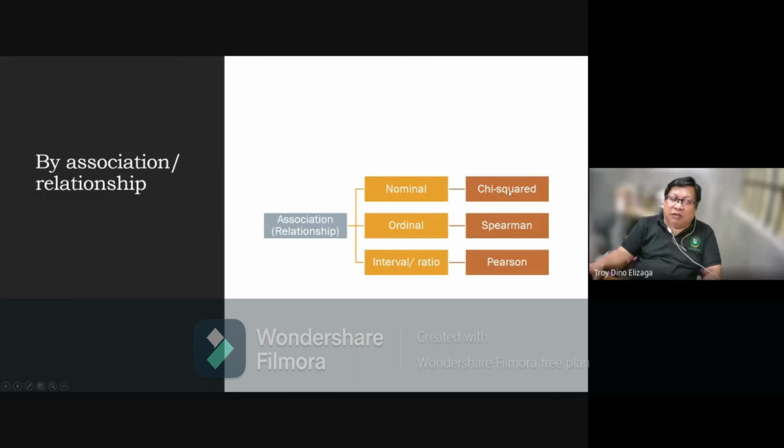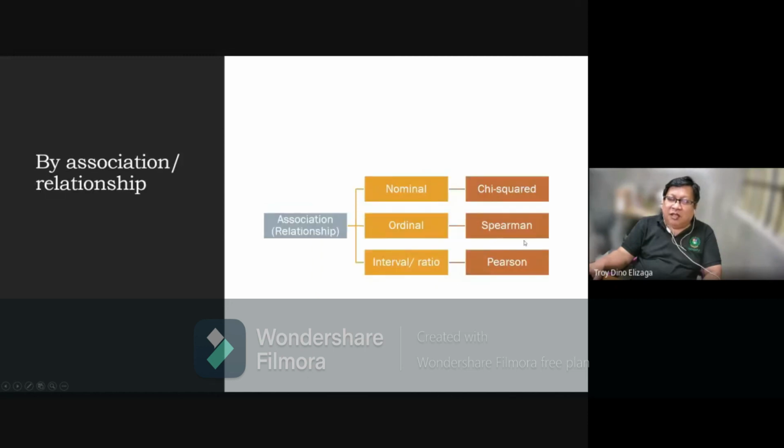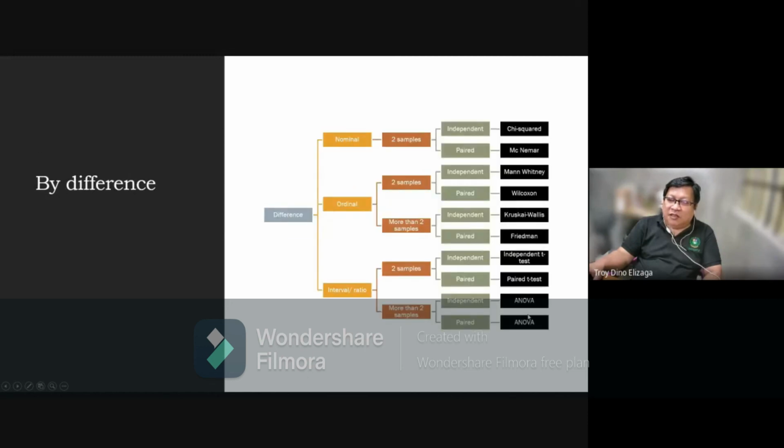I think some of them are double. Chi squared is here, Spearman is on the other side only, and Pearson is on the other side only. We're not going to tackle all of this, but only the more popular ones. In fact, the first that we will tackle is the chi squared. So welcome to statistics. Please be patient.